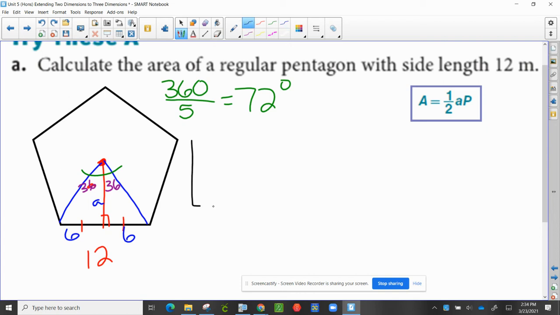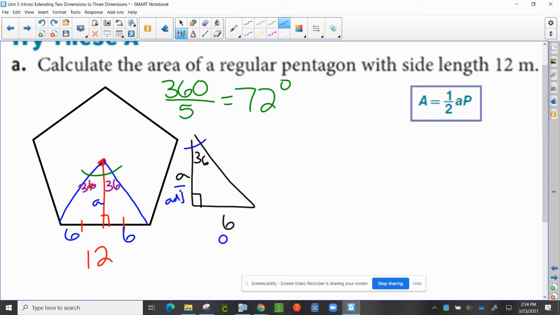Remember, we have to find our apothem, our A here. So let's just look at that right triangle. You know, we have a side length of 6 here, 36. We are trying to find our apothem, the A. Okay. Well, 36 is not one of our special right triangles. So the sides don't have any special properties together. So when that happens, we need to use trig to figure out the length of our missing side. So let's look at what we're given here. If we're using our angle 36, we know the opposite side and the adjacent side.